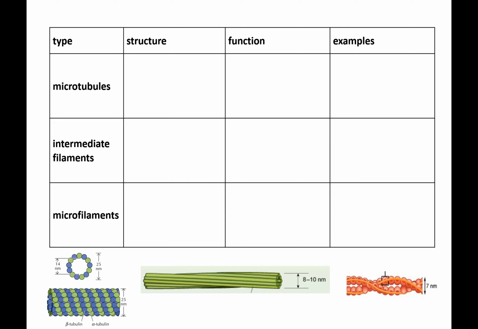So there's a chart to fill out to help you keep everything organized. So I would describe the structure of microtubules, which is down here, this first one, as a hollow tube. And it's made up of alpha and beta tubulin.